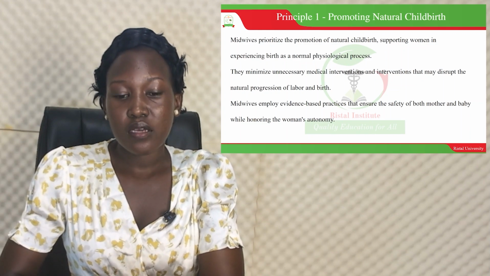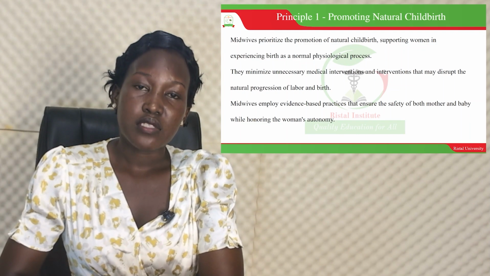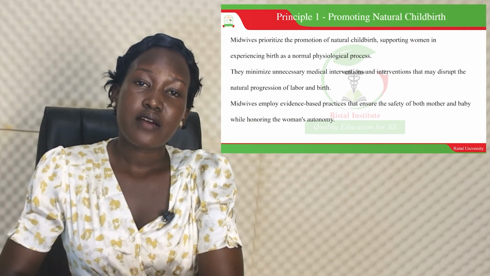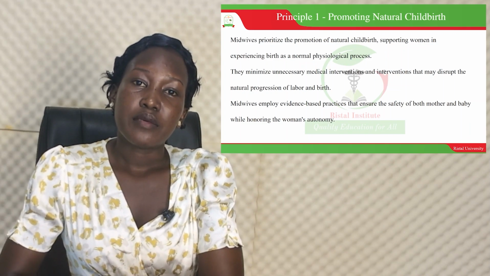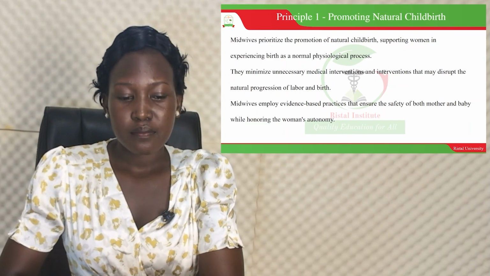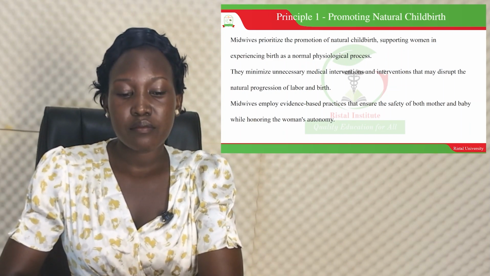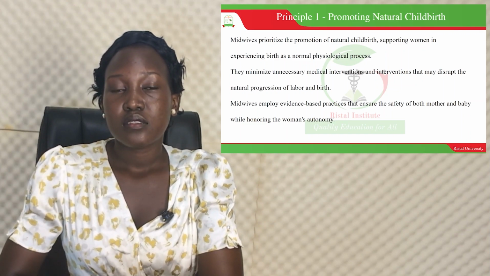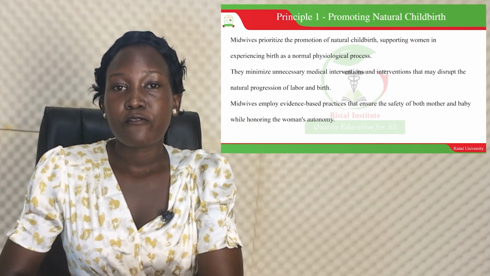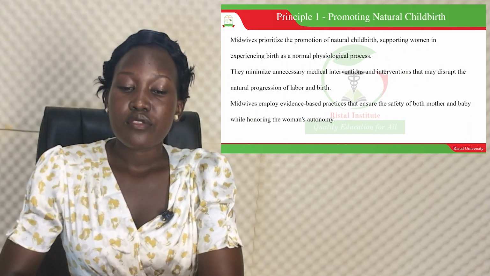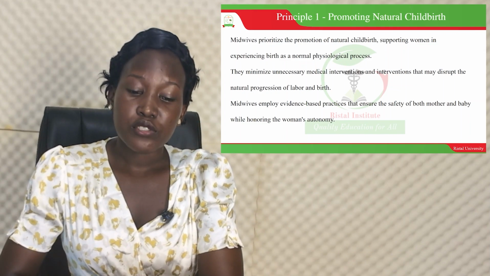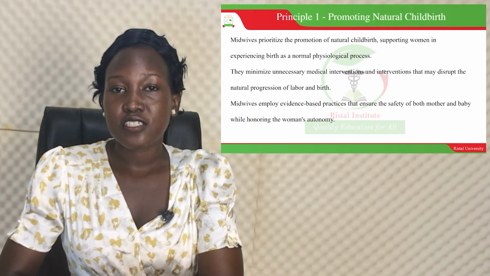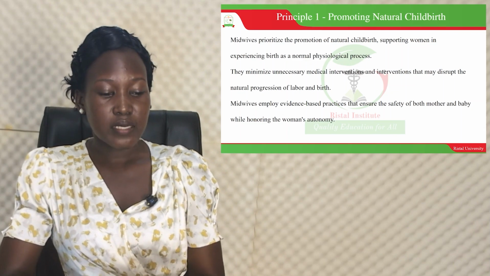Actually, that person can deliver vaginally. So what do you do as a midwife? You assess if the cervix is adequate enough and the pelvis is adequate enough, and then you prevent unnecessary medical interventions like operations, others like episiotomy, forceps, if you know the person can go through with the process of natural childbirth. So we encourage that midwives should know when medical intervention should be done.